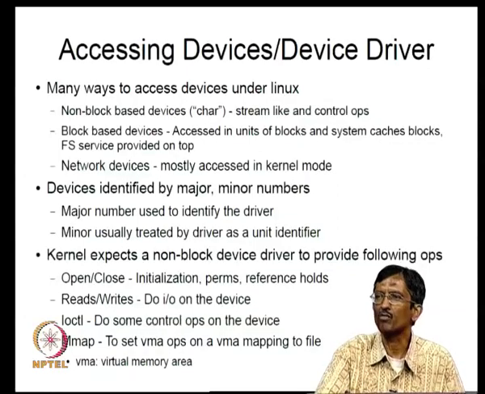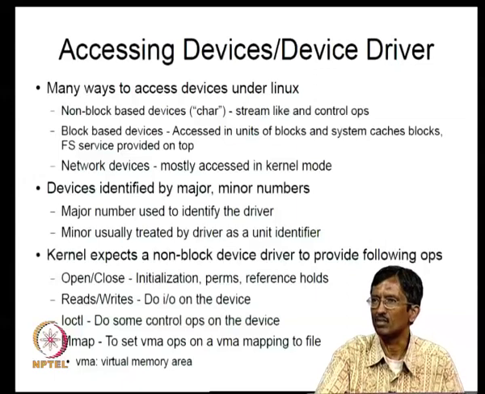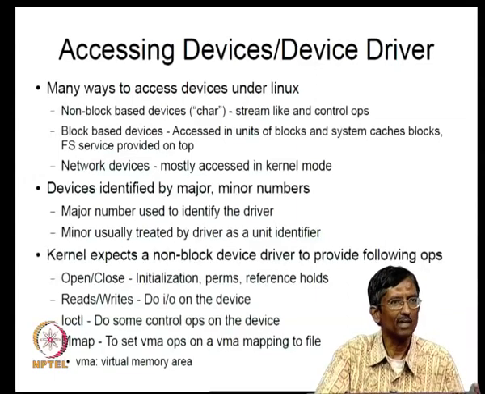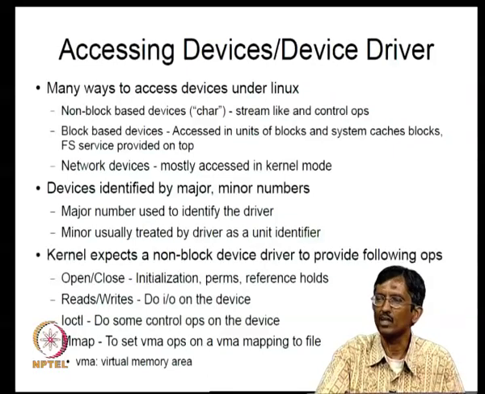The simplest thing that people have figured out is giving it something like a major number. For example, I can say that my tape device has major number 7. It can use that number as a way to say that I am interested in tape number 7.